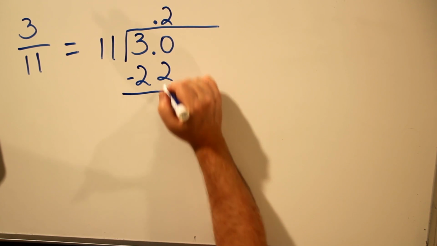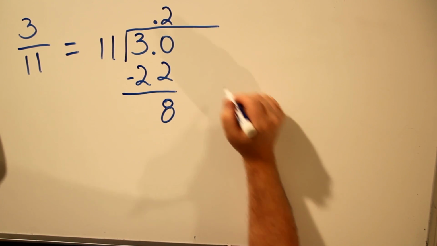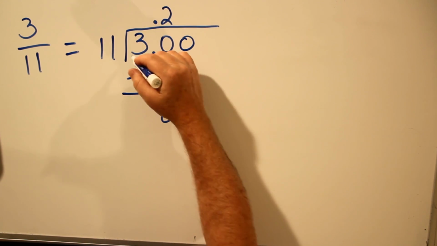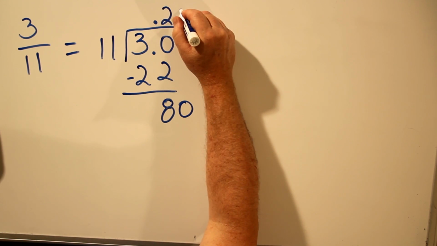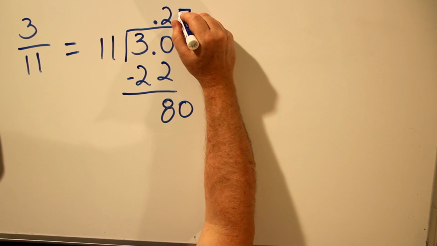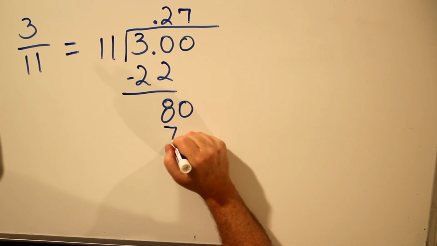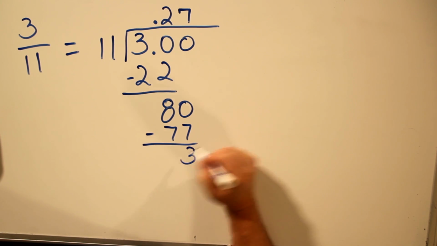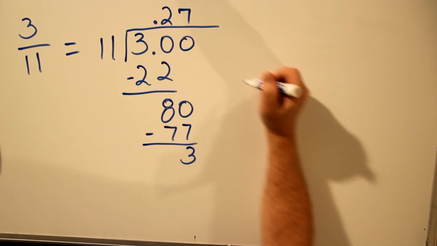Subtract. Remainder is 8. We'll keep going. We'll add another 0. 11 goes into 80 7 times. 7 times 11 is 77. Subtract. 3. 3 is where we started with.